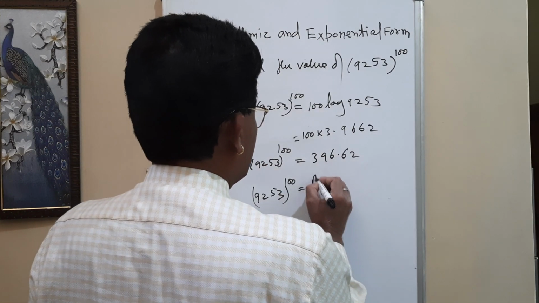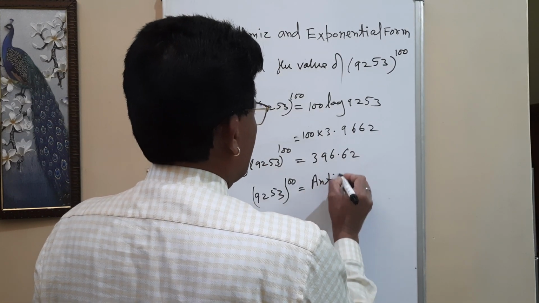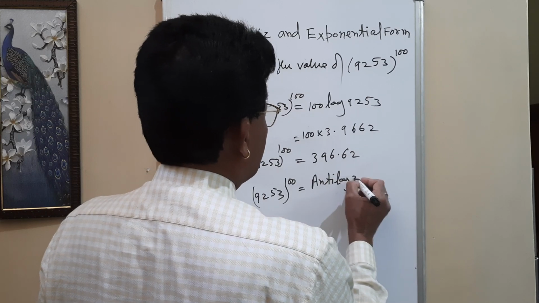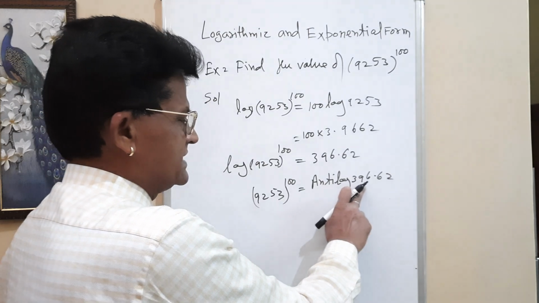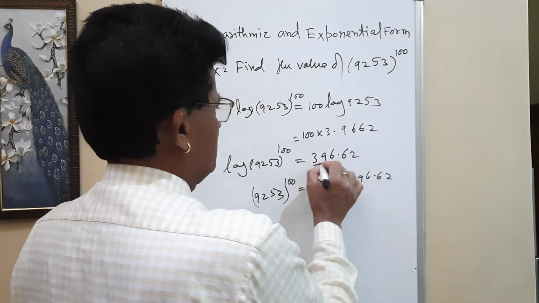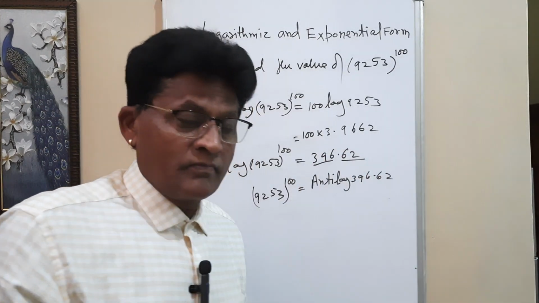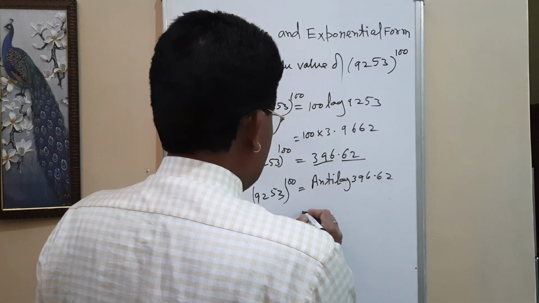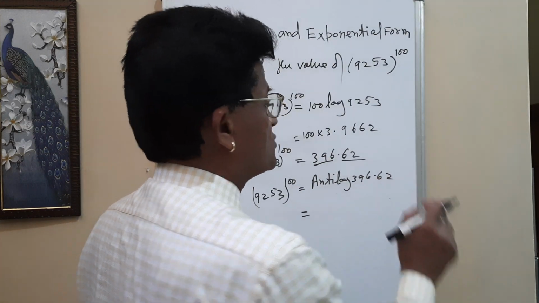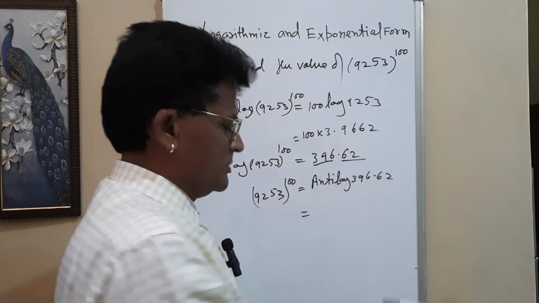Take the antilog. Antilog of what? 396.62. I told you this is characteristic and this is mantissa. Both are positive. Okay, my dear student, 0.62.